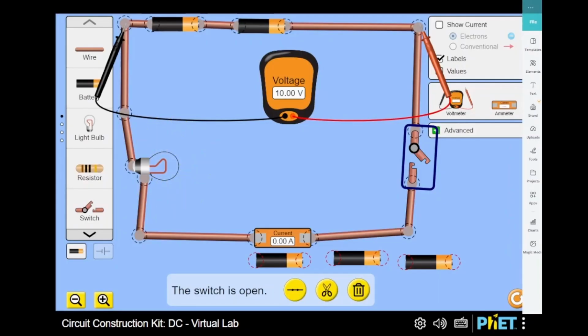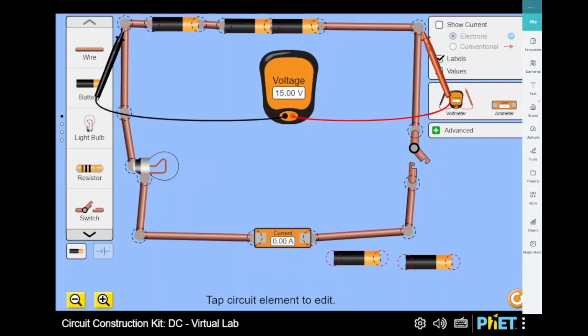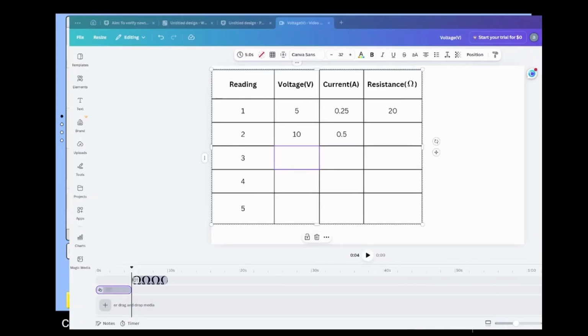Okay. So I add another battery. So I'll change my voltage to 15 volts, and then I'm going to measure my current, my dependent variable. Let me add the 20 because I have not changed the resistance.